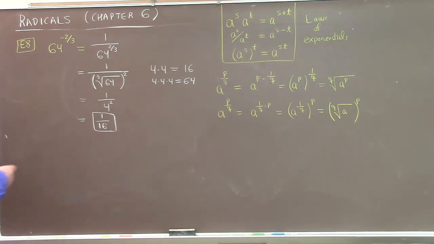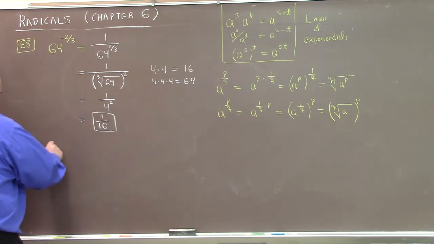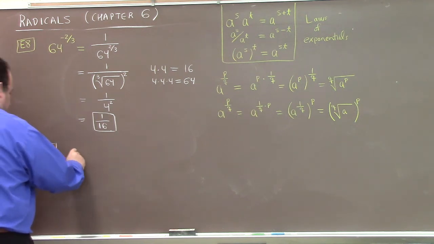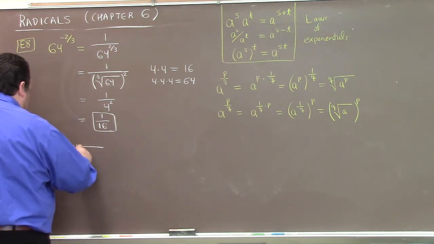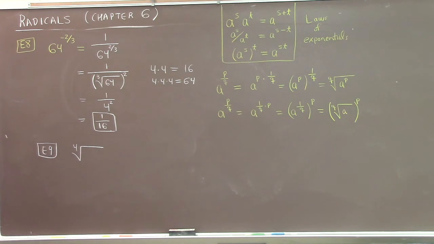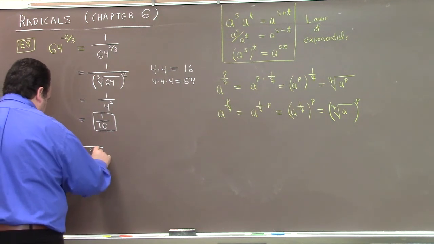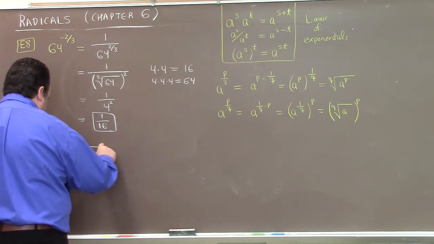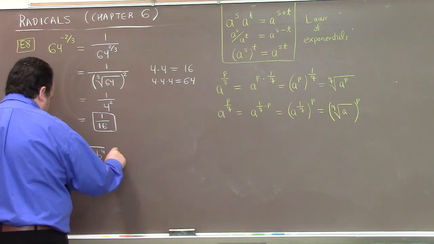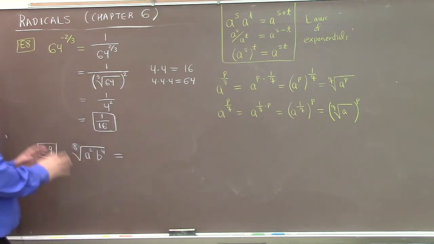Here, example 9. Suppose we're calculating the 8th root. Ooh, 8th root, exciting. The 8th root of a squared b to the 4th. And so here, the instructions are to leave the answer in exponential notation.